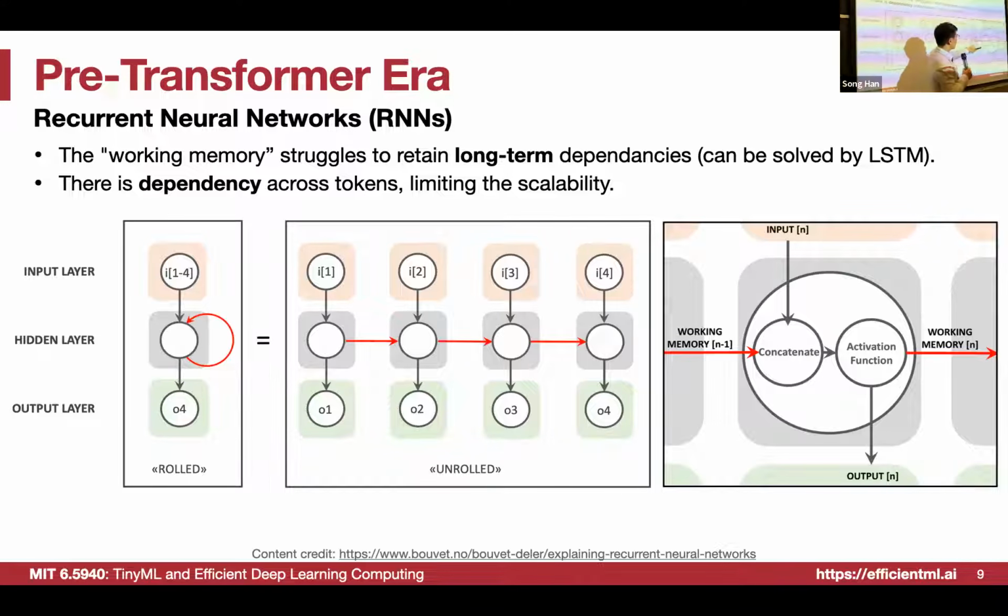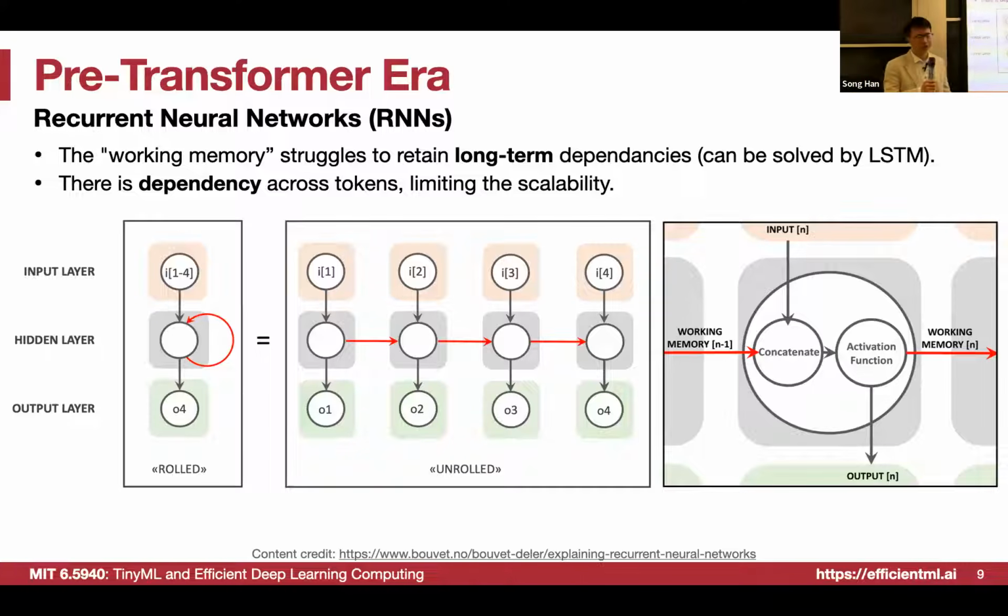Here the current hidden state depends not only on the current input, but also on the previous hidden state. So it has a dependency. You concatenate the previous hidden state with the current input, pass it through an activation function, or in LSTM you can do more complicated operations here, and then produce the output, and also contribute this to the next timestep's hidden state.